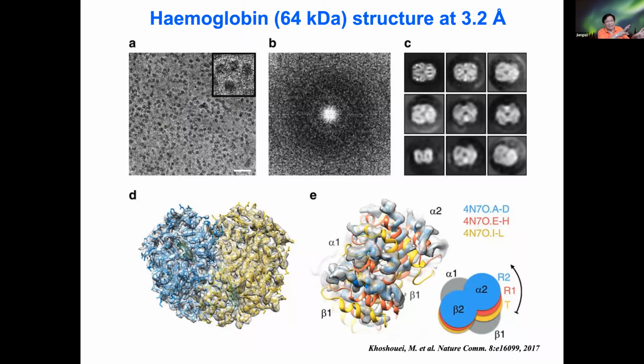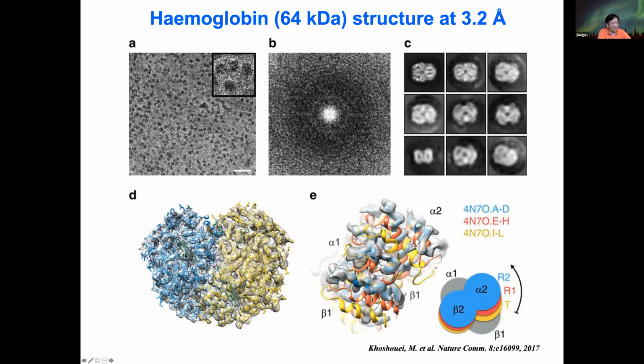In the next slide, I will quickly go through a few examples showing that cryo-EM can really do a wonderful job. On this slide, I'm showing a famous example in structural biology, hemoglobin, a 64 kilodalton protein. It's possible to collect the cryo-EM images, use computational analysis to evaluate the quality of the images, get class averages, and then use the individual images to build a three-dimensional model.